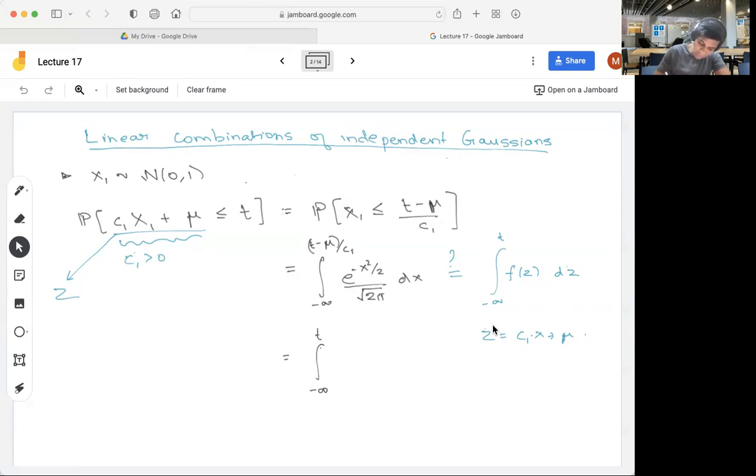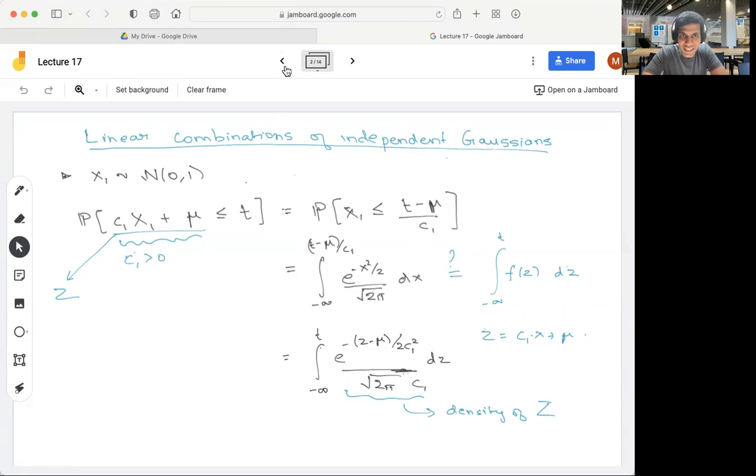If we write the integral over z, x is just z minus mu divided by c1, with the exponent being minus (z minus mu) squared divided by 2 c1 square. And dx is replaced by dz divided by c1, with the normalizing factor root 2 pi c1. And so this is the density function of our random variable z.